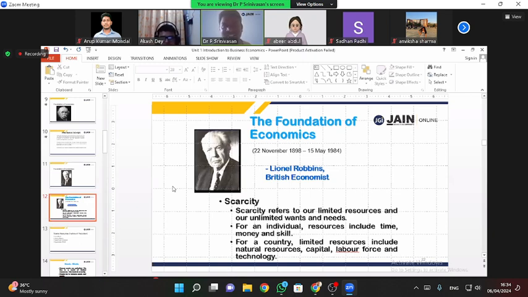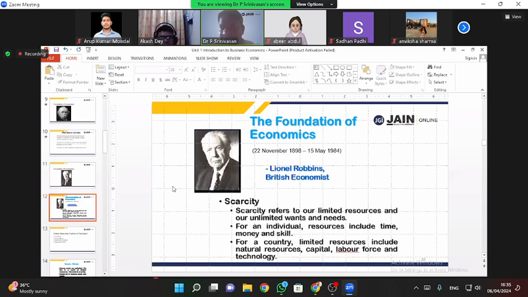He said, whatever I explained to you, is related to scarcity. So the scarcity definition is given by Lionel Robbins, and he said human wants are unlimited, whereas the resources are scarce, right? So he said economics is a study of scarcity.